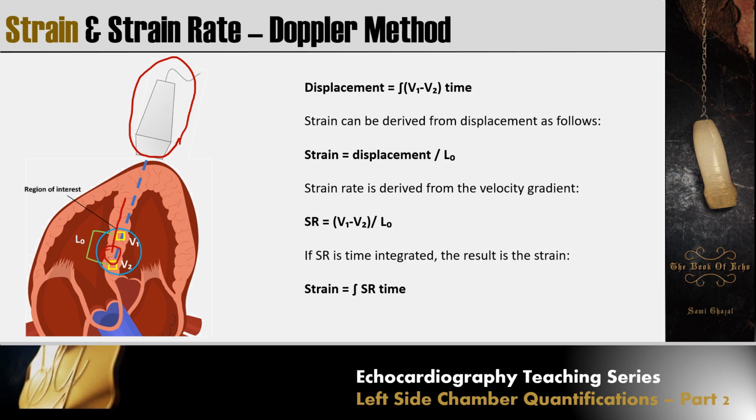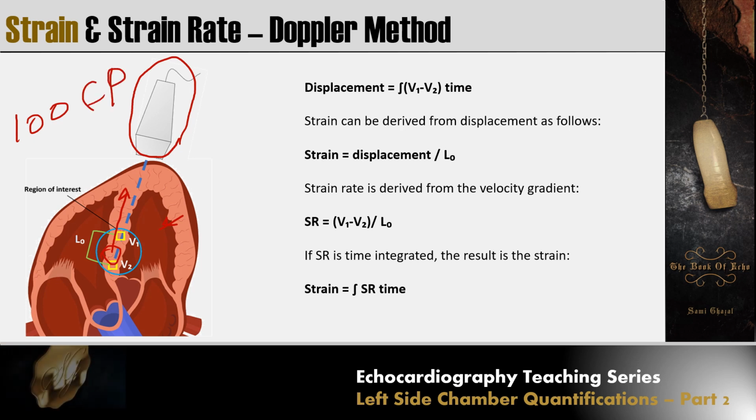So you can measure here, but sometimes you cannot measure other types of strain like radial strain here because you're not parallel to the motion of the tissue. The other thing, it requires a very high frame rate, reaching up to 100 frames per second. And also it has a poor signal to noise ratio.